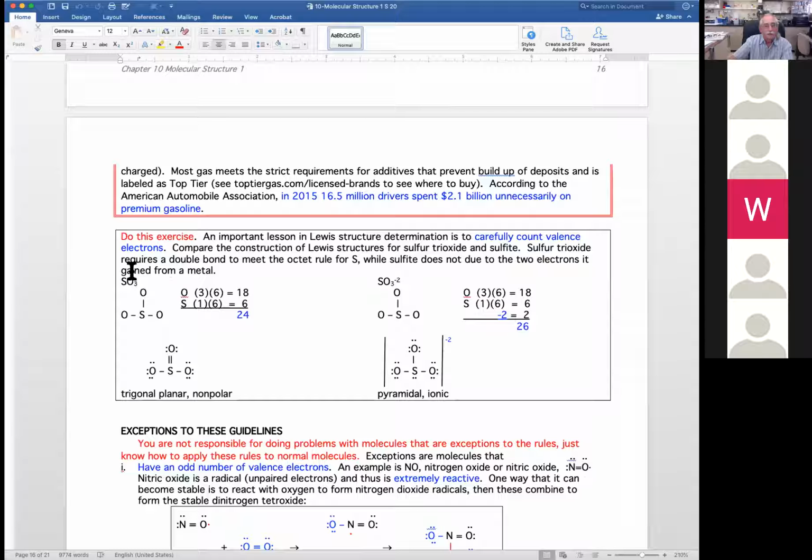And here's sulfur trioxide. So I thought this was a really good exercise because you get different outcomes depending upon if you count your electrons correctly or not. So you want me to go through sulfite? Here's sulfite. Yes. Okay.